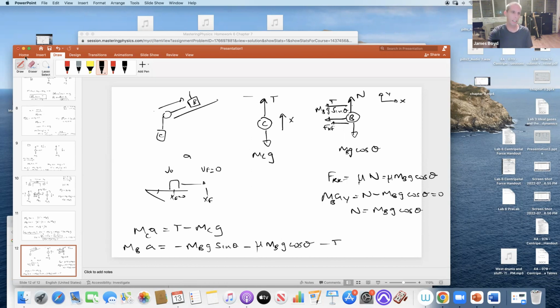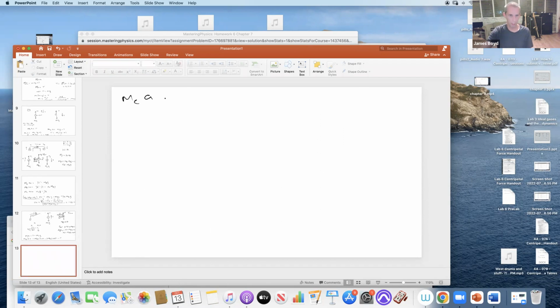So m of the book a is minus T minus m_book g sine theta minus mu_k m_book g cos theta.